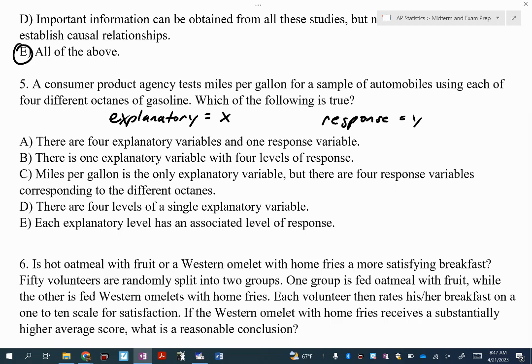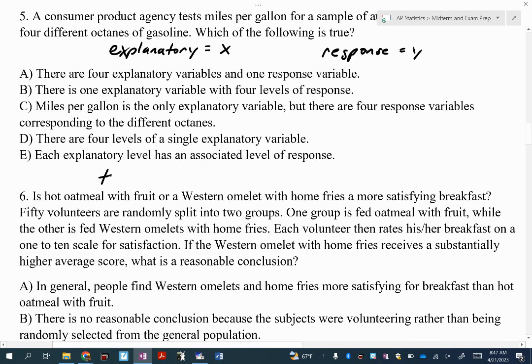So I think the first thing we should decide is which one is which. Are we saying that the miles per gallon explains the gasoline used, or that the type of gasoline used explains the miles per gallon? I tend to agree with Ricardo. The type of gasoline explains the miles per gallon.